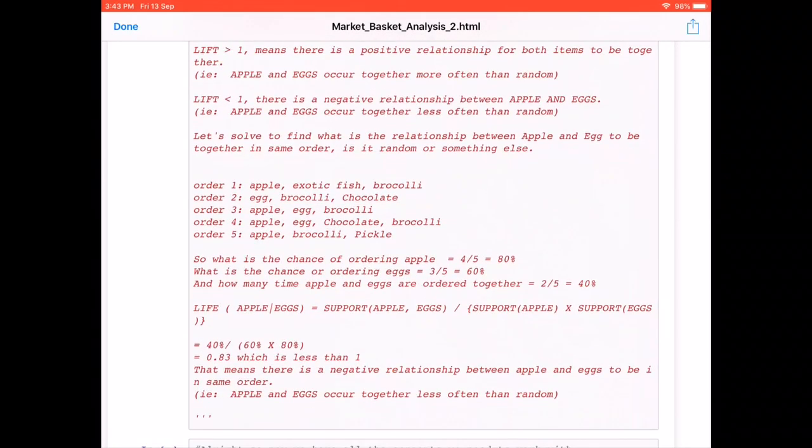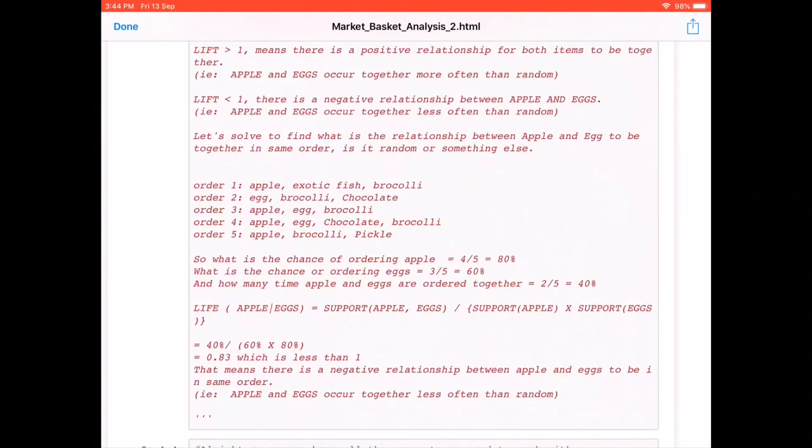Okay, so the same calculation. If I take this example of 5 orders, what is the chance of ordering apple? We have already seen it's 4 upon 5, 80%. What is the chance of ordering eggs? It is 3 over 5, which is 60%. And how many times have apple and eggs been ordered together in the entire order history? The pair gives you 2 upon 5, because there were two orders where we ordered apple and egg together, and that is 40%.